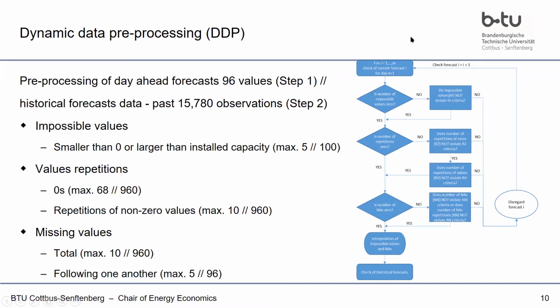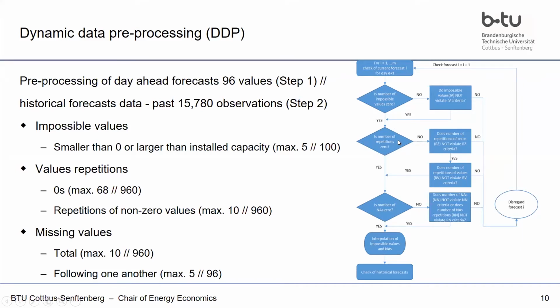algorithm. We first check forecast i for day d+1, and we check whether the number of impossible values is 0. If this is the case, we continue downwards. If this is not the case, but the number of impossible values violates certain criteria we have predefined here, then we go out and we will disregard forecast i both in the estimation and in the combination.